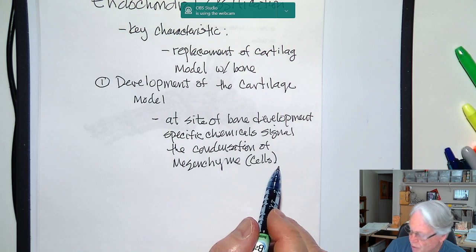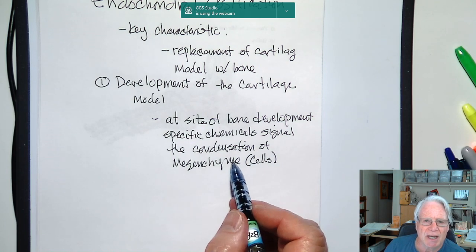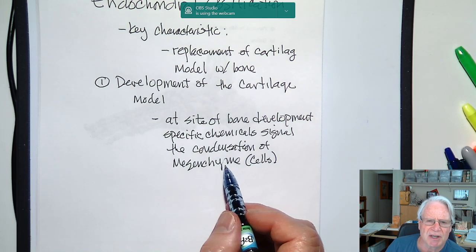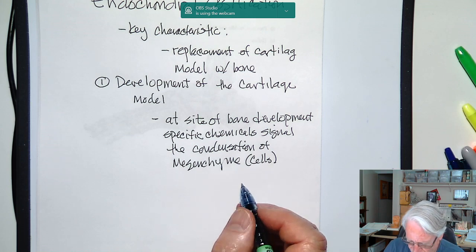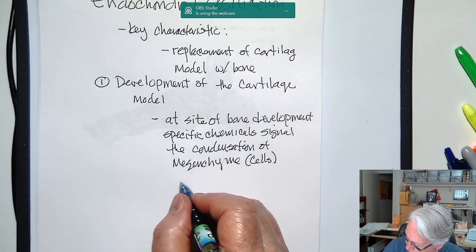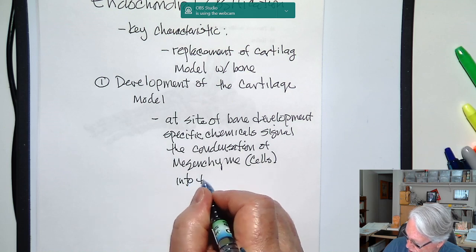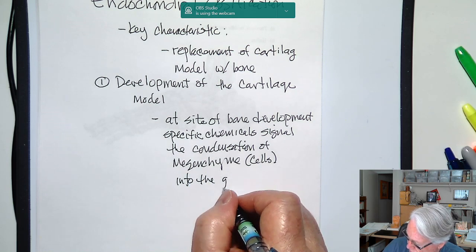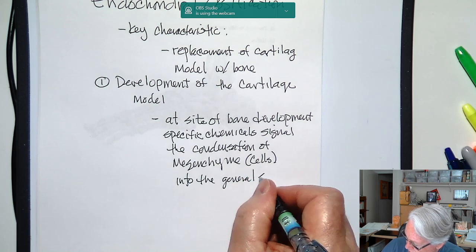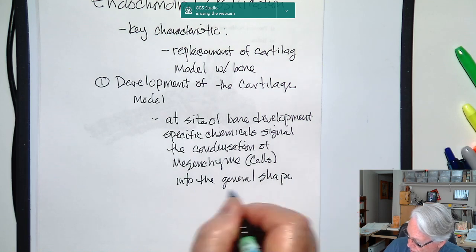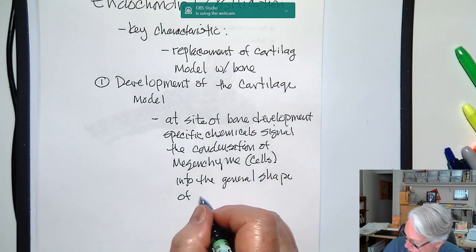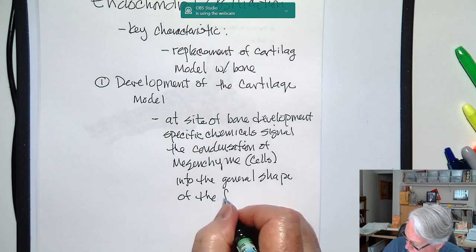So at the site where we're going to build a bone, chemicals are released that cause mesenchymal cells to condense within that region, and they will condense into the general shape of the future bone.